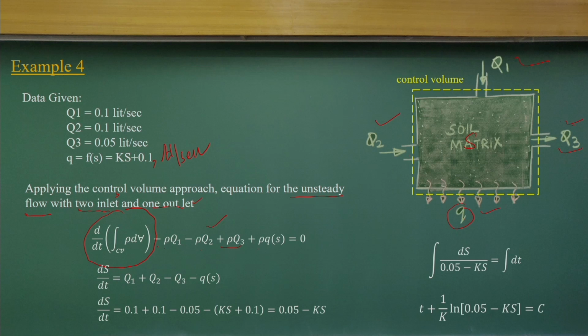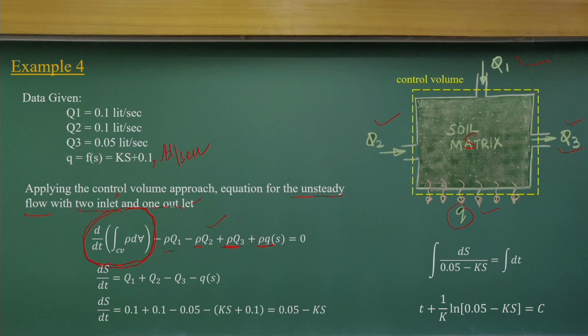Then I just apply the unsteady flow equation, conservation of mass. This is the volume integral part, if you remember, and since it is one-dimensional, we have negative for the inflows and positive for the outflows.